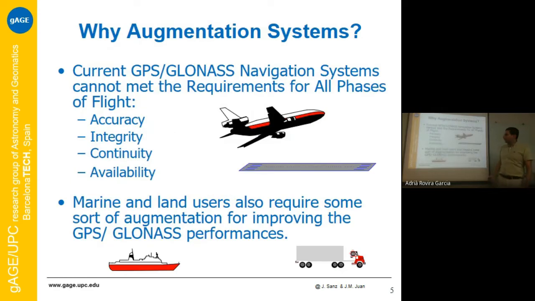Okay, as I said, there are certain groups of users that require a more accurate solution with integrity, with a very high level of continuity, and with a very, very high level of availability. That primary group of users is the civil aviation users. There are lots of airplanes that are using GNSS, and they require very demanding performances, as we will see.